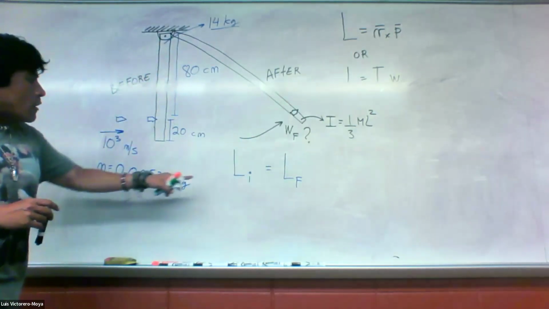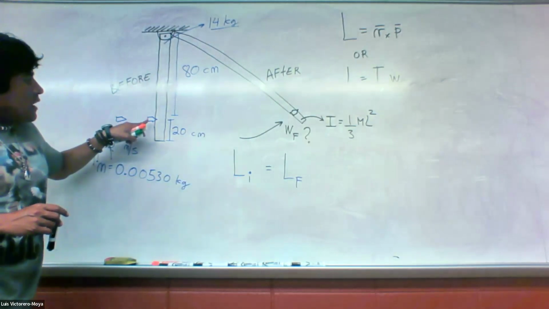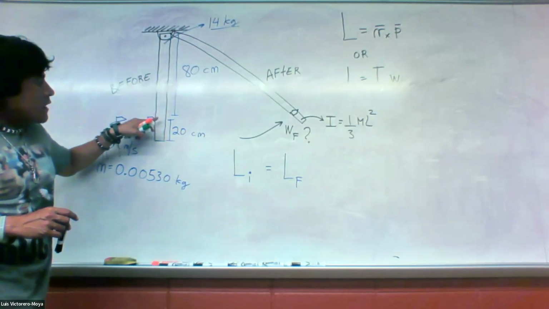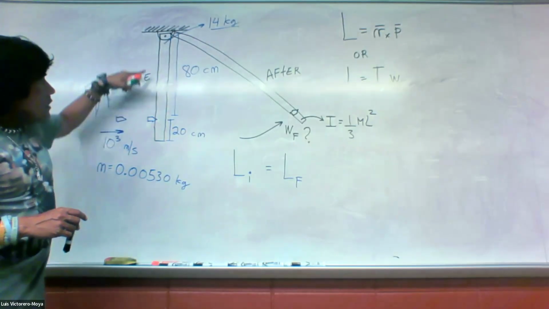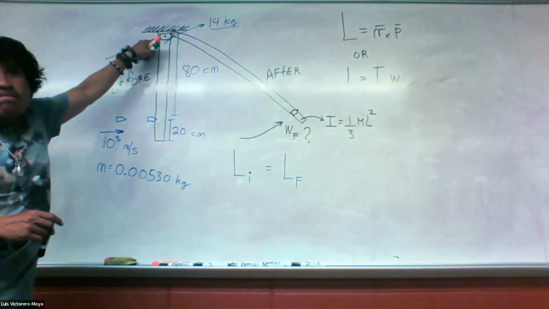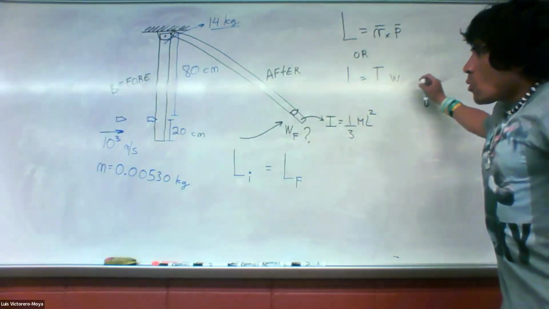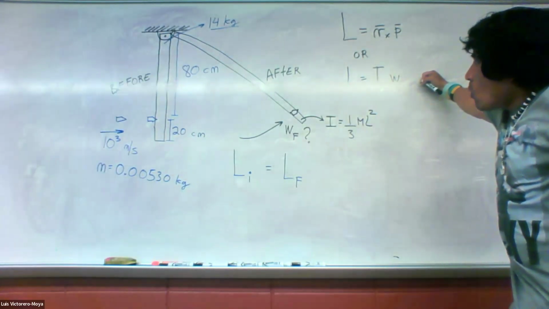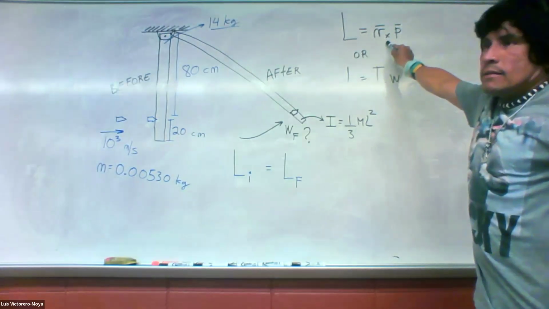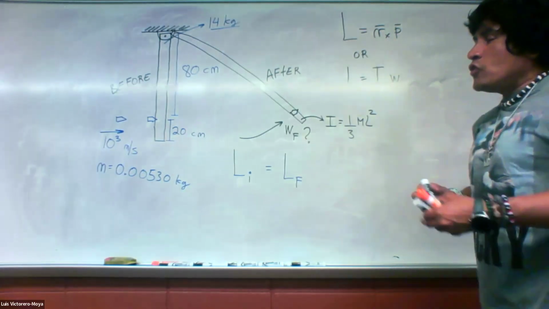But what about before the collision? The initial angular momentum is the angular momentum of the bullet right before it strikes the bar respect to the hinge. So I will use that. Why? Because you have linear velocity.